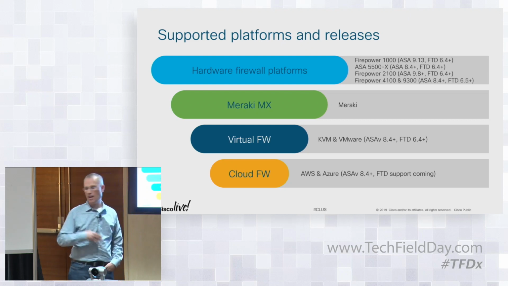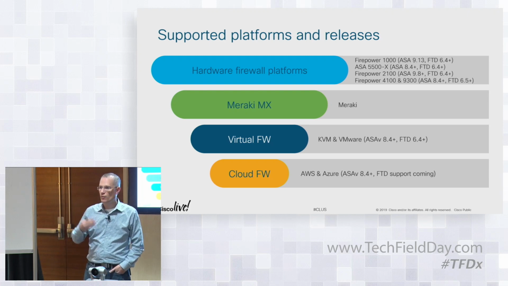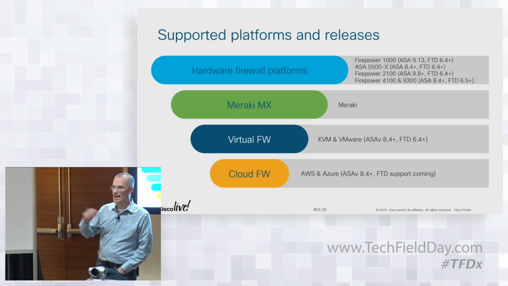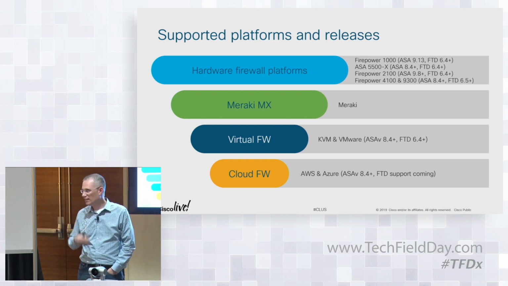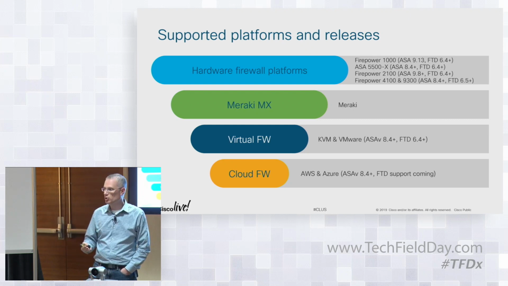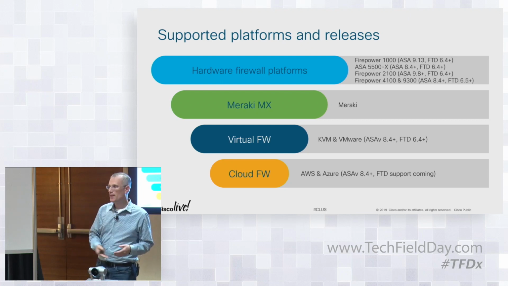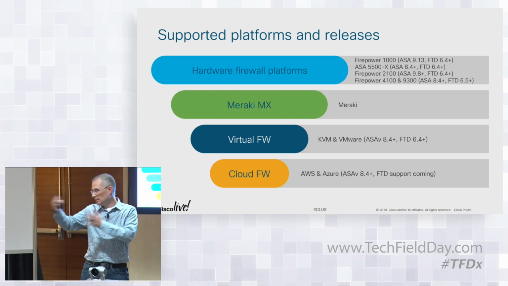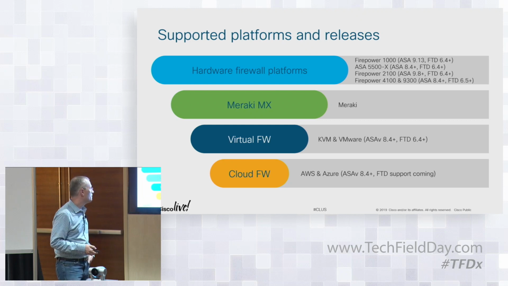What we're adding now and launching at Cisco Live is the support for our FTDs, our next-gen firewalls. With version 6.4 that just came out this summer, CDO will be able to manage consistent policies across our FTDs, starting with the 2100, 5500 and below. And later on, we're adding the larger boxes.